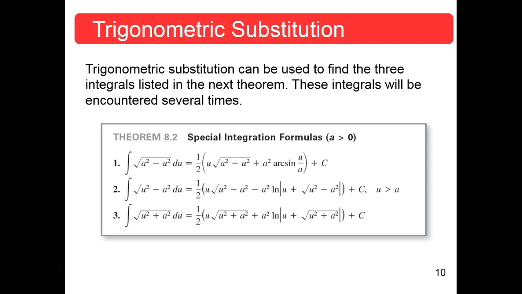It would have been messy, so maybe we're thanking them that they didn't make us do them. But they say you're going to encounter it several times, so here they are. Now, most of the time, you're going to have a table. You look up in the table, and those forms will show up, and this is what they're going to give you. Okay? So, thank you for not making us go through all the agony of doing that.